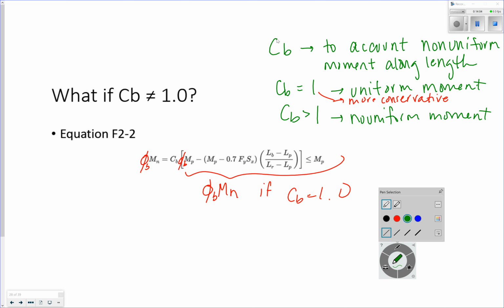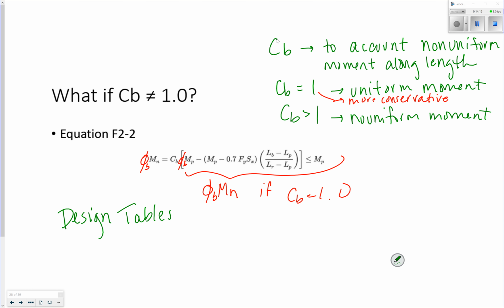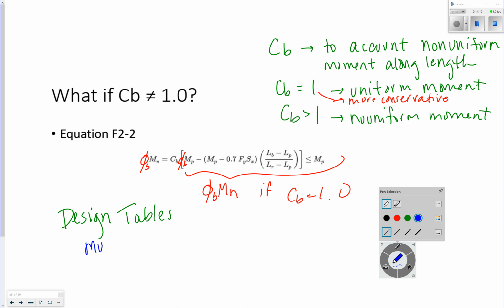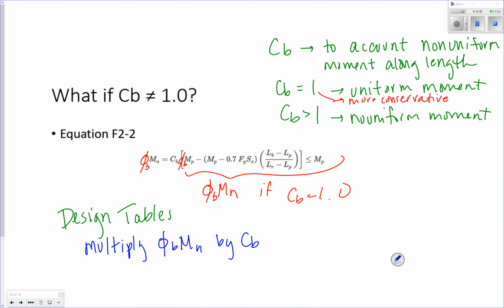So if I go to my design tables or charts, all I have to do is multiply my phi b Mn by that Cb factor, provided phi b Mn times that Cb is less than or equal to my plastic moment, right? I have to stay below that plastic moment capacity.